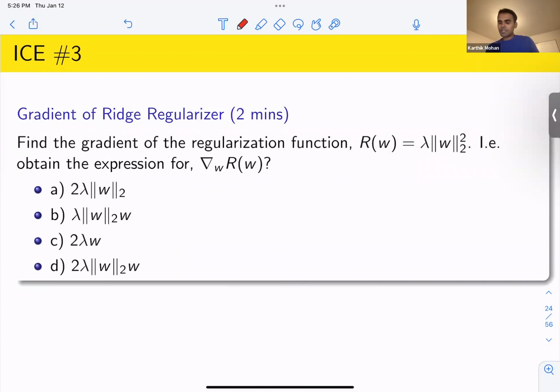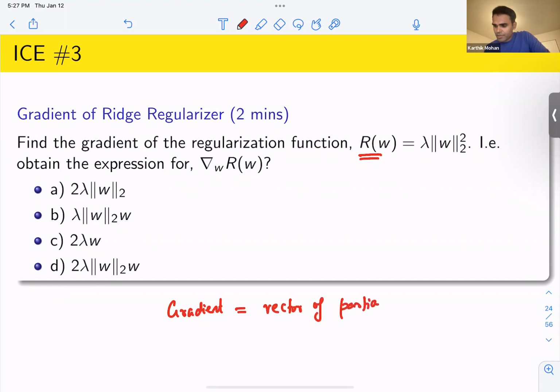Yeah, maybe we can do this as an exercise. Speaking of gradients, we'll have more of this in the conceptual assignment too. Did we do this last time? So let's compute the gradient of the regularization function, or regularizer, here. So remember, gradient is a vector of partial derivatives.